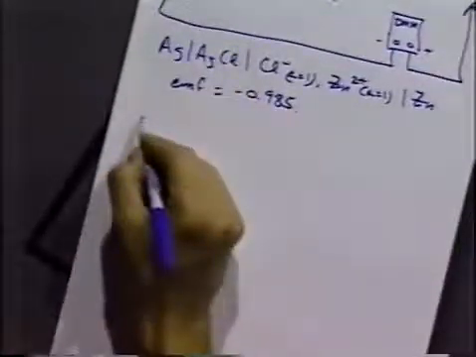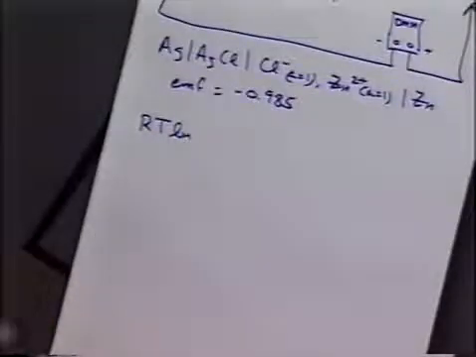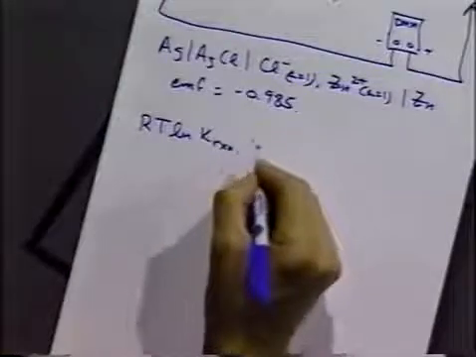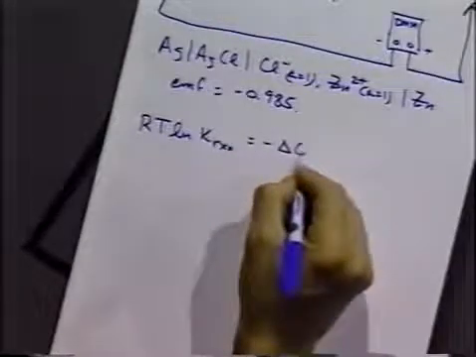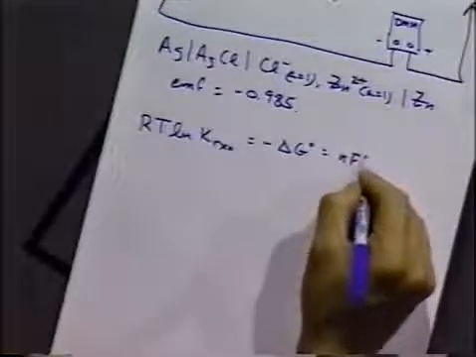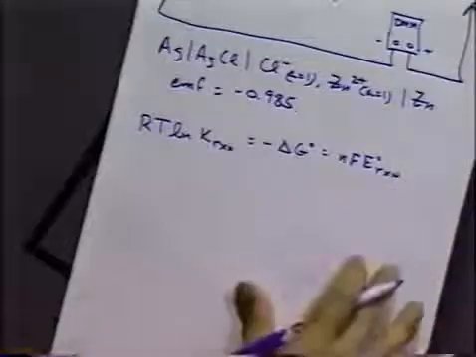Now, I'm not going to go through the derivation, but we can also derive cell reaction relationships that relate the equilibrium constant to the cell potential, such as this. And I'll just leave that up there, and you can derive that yourself.